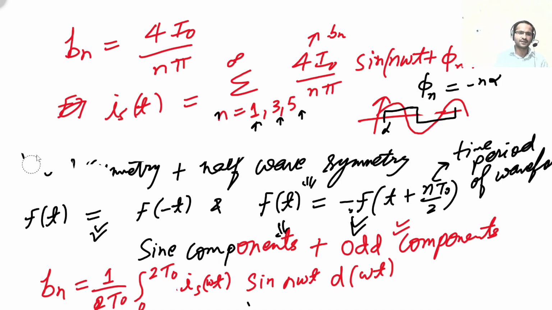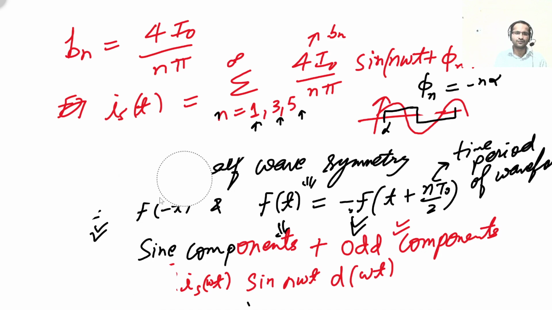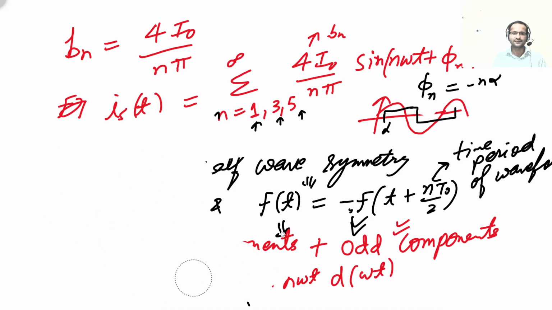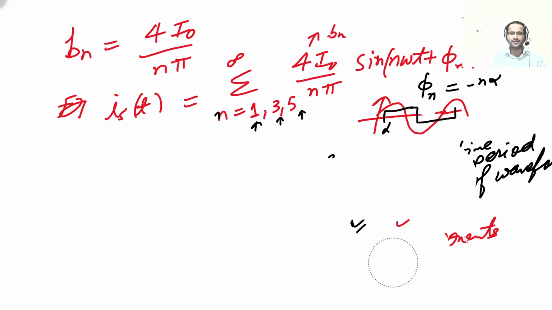Now let us further analyze this and try to get the conclusion how this non-sinusoidal waveform affects the supply.